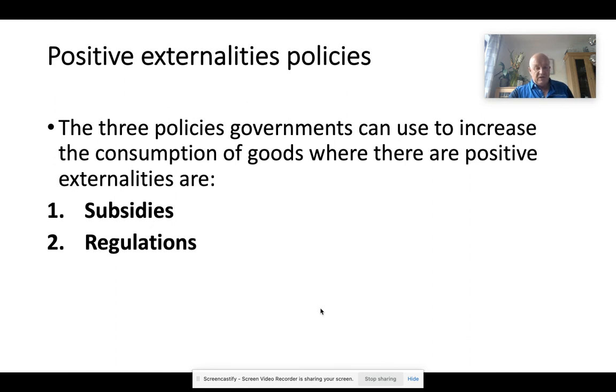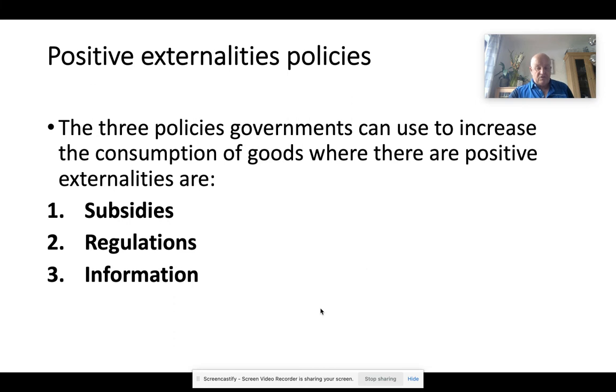They might also regulate markets or provide regulations to markets to say you really need to make sure that you produce at this particular level. Okay, subsidies clearly are incentives, essentially provided to producers to allow them to produce more, to increase the consumption of that good where we have positive externalities.